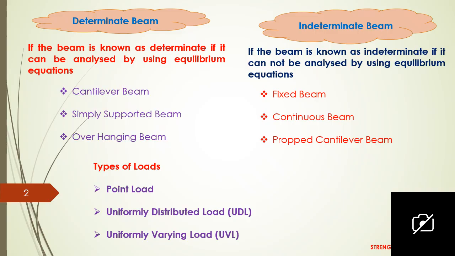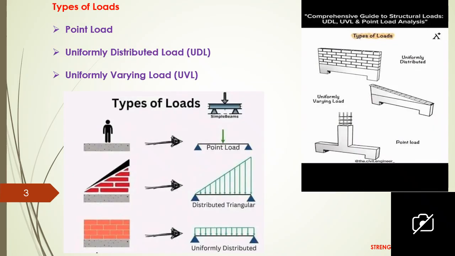And also you have already studied about types of loads, that is point load, uniformly distributed load, uniformly varying load. So here you can see what is meant by point load, uniformly distributed, and uniformly varying load. Point load means that it is acting on a particular point.